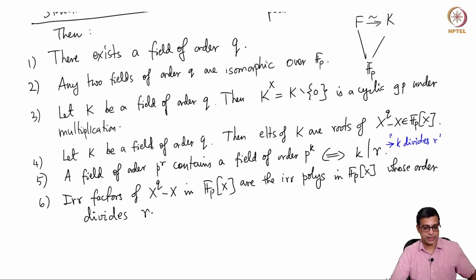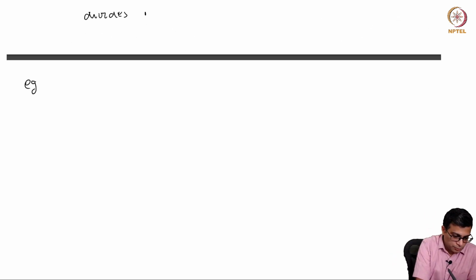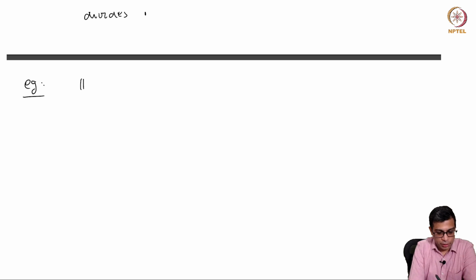But these are the 6 facts that we learn about finite fields. Just to give you an idea, an example: how to construct a field of order 4.